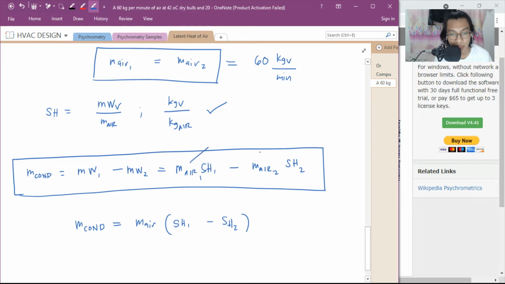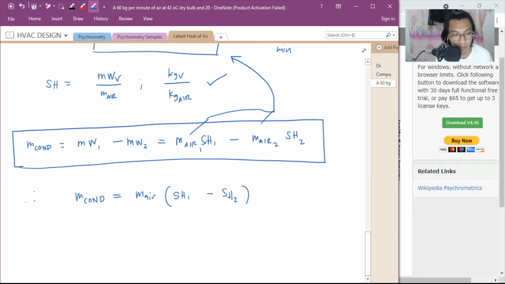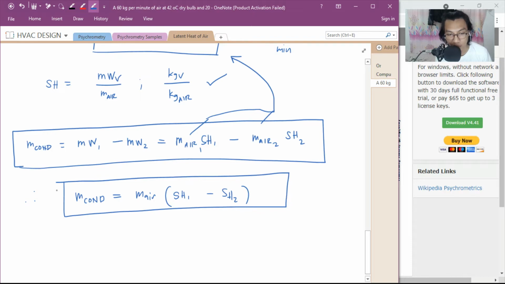Di ba yung mass ng air 1 and mass ng air 2 ay equal? Ayun, equal sila. Therefore, yung mass ng condensate is equal to mass of the air multiplied to the difference between the specific humidity nung una, initial, minus specific humidity of the final. Okay? Mahahanap na natin yung mass ng condensate.